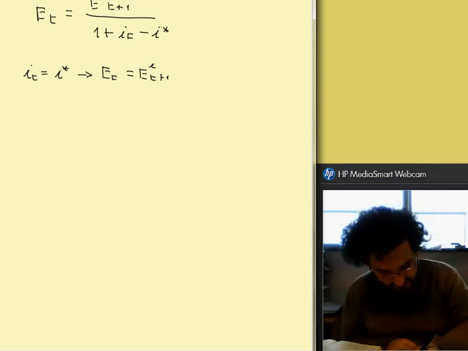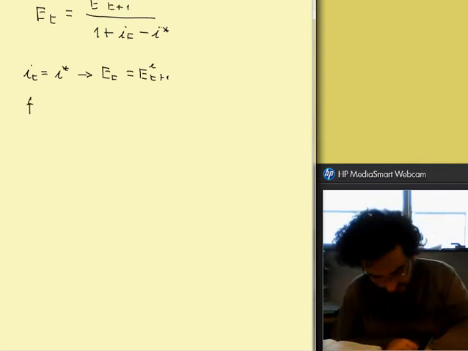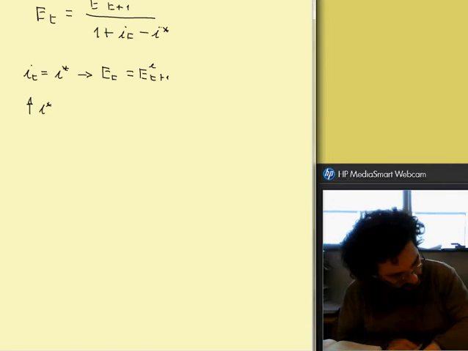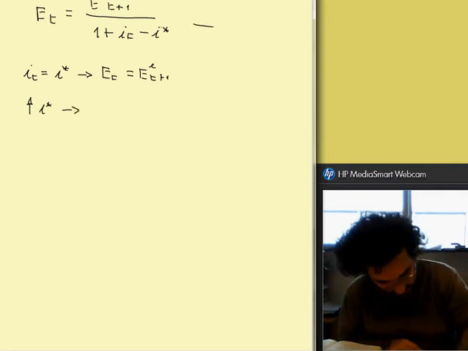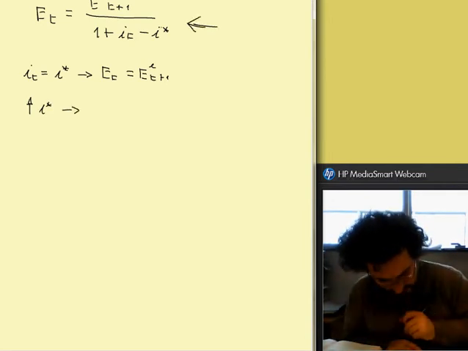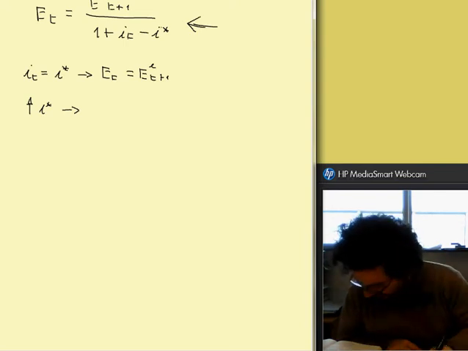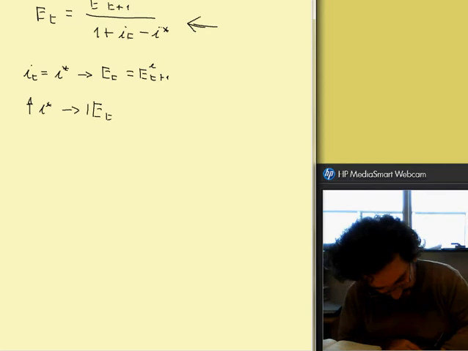If we have, for instance, an increase in the interest rate in the US, this means that according to this equation, the exchange rate should increase.